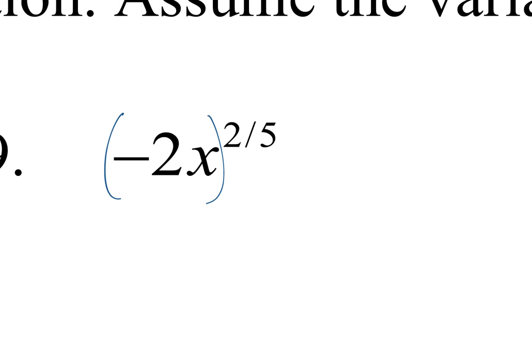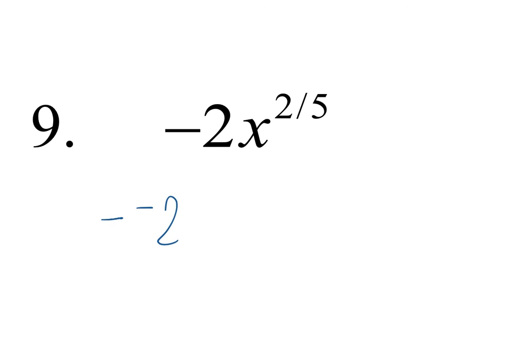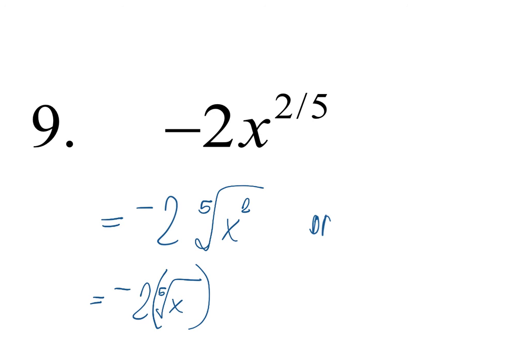But since it doesn't have parentheses, again, I'm only going to raise the x to the 2/5. So the negative 2 stays out front, and this is the 5th root of x squared, or negative 2 times the 5th root of x squared. I personally like this one a little better, but they both work.